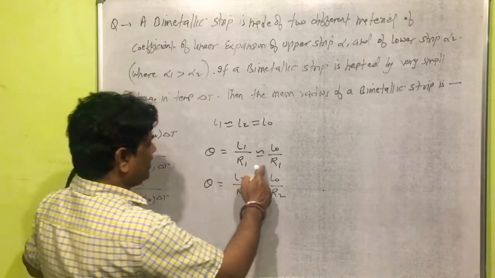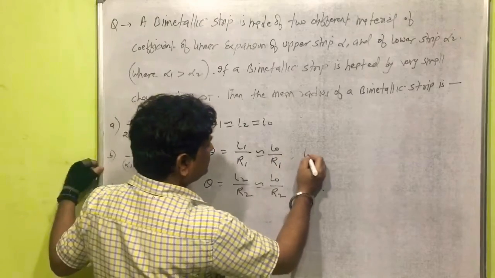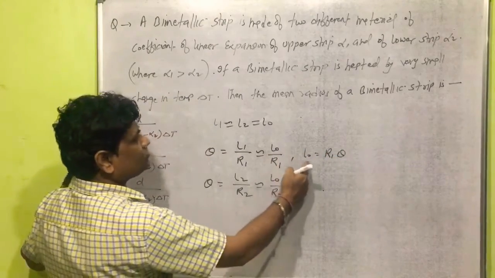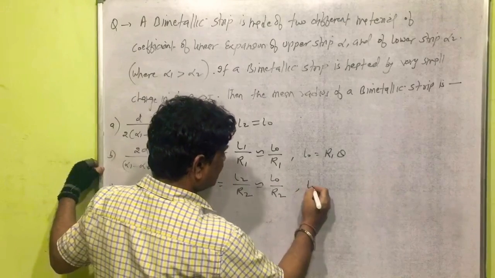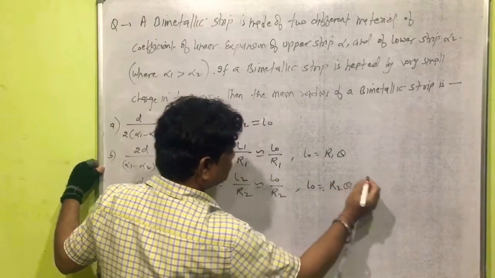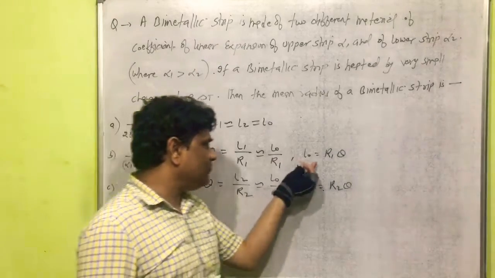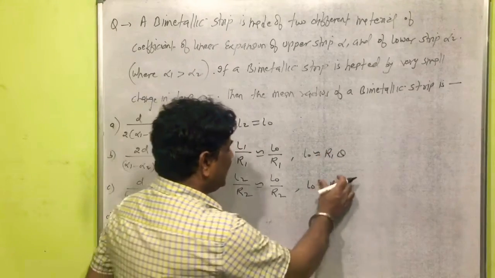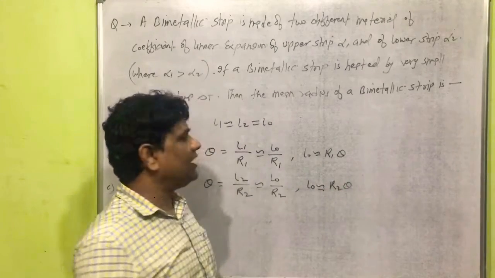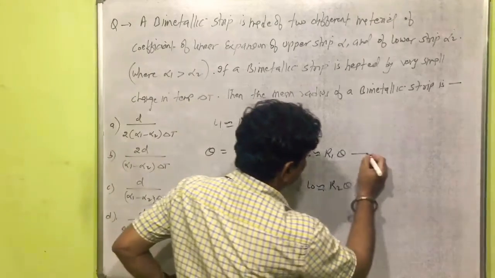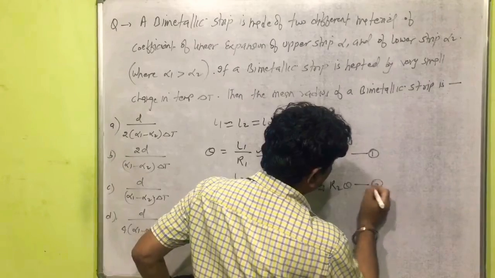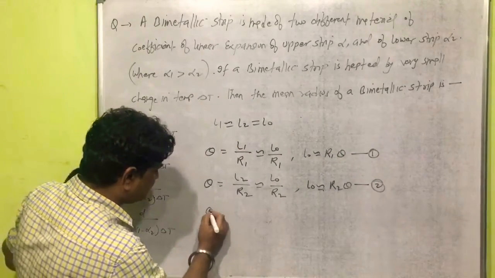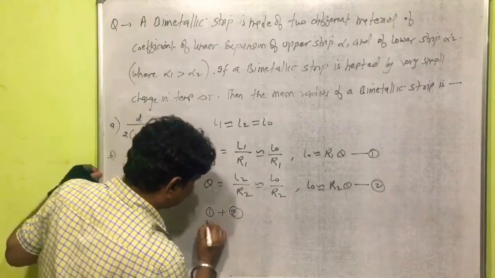From here, L naught is equal to R1 into theta, and L naught is equal to R2 into theta. So L naught is nearly equal to R1 into theta, and L naught is nearly equal to R2 into theta, taken as relation number 1 and relation number 2. Now we can add these two relations, 1 plus 2.